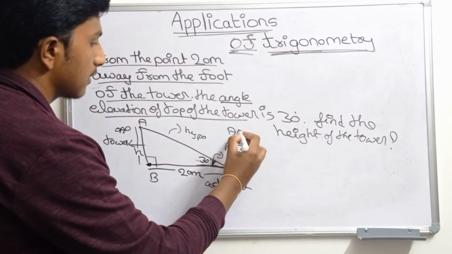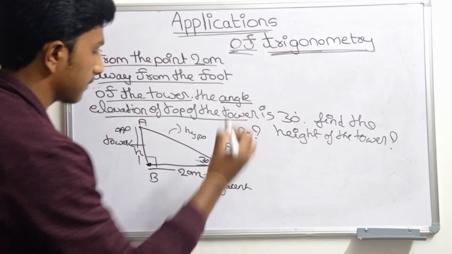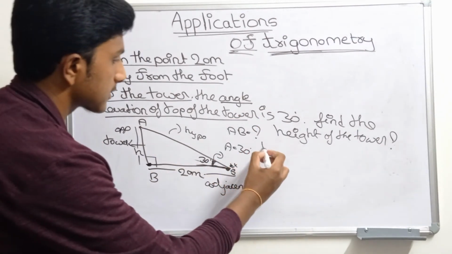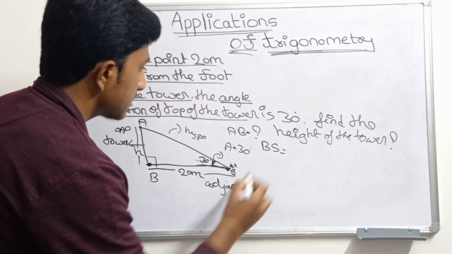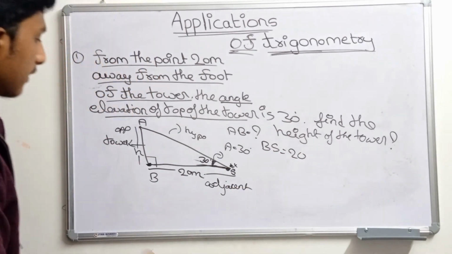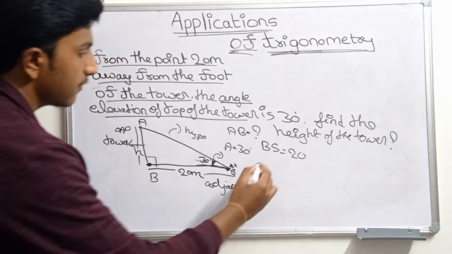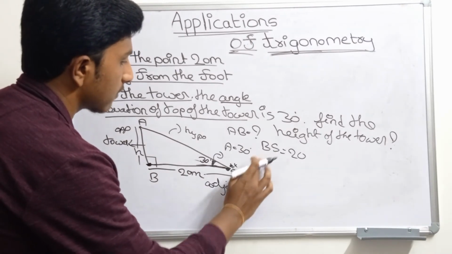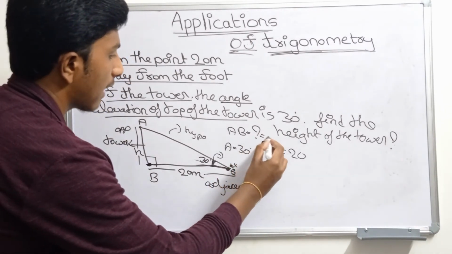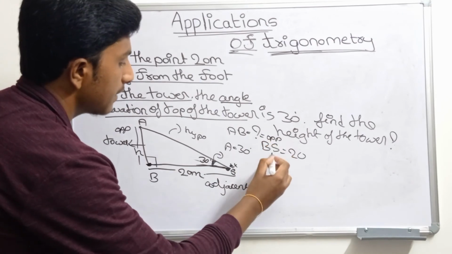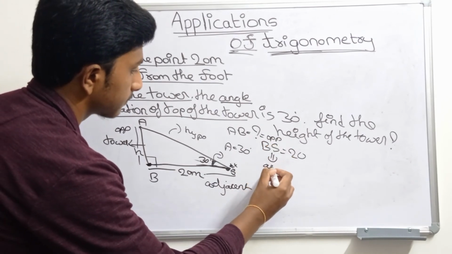That means AB equals question mark. We have BS. BS equals 20 meters, and we have the angle A equals 30 degrees. We have the opposite and we have the adjacent.